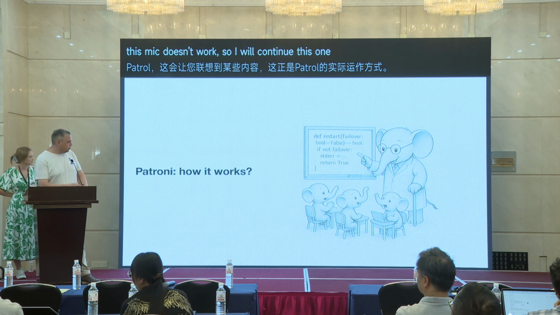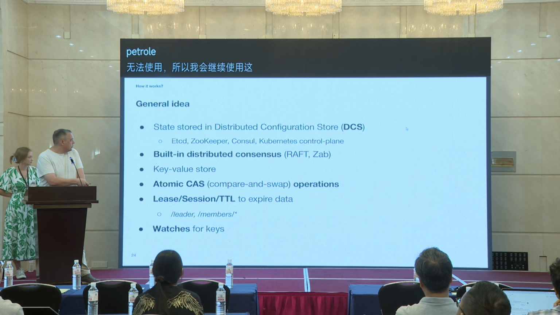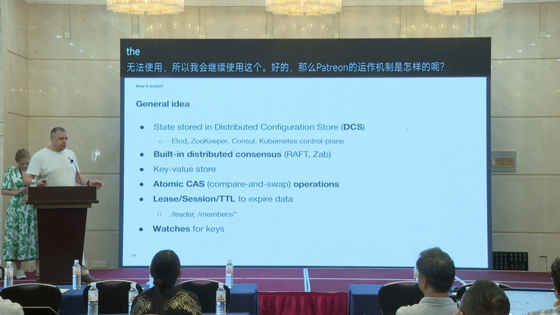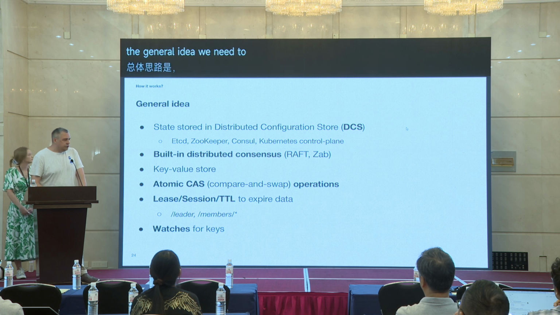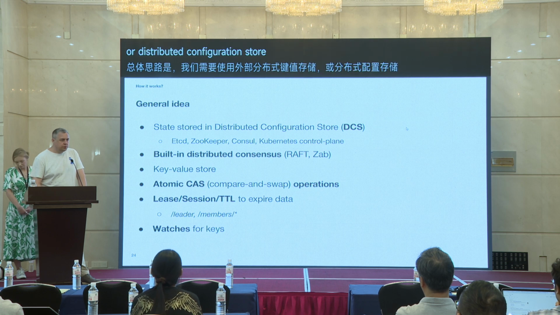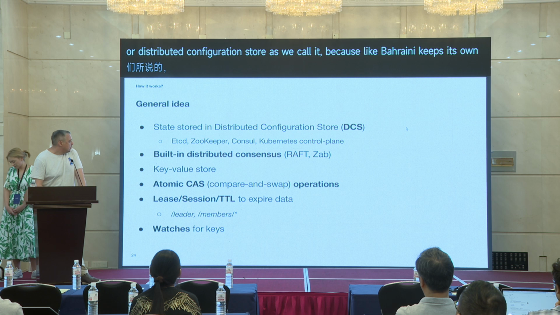All right, so how does Patroni actually work? The general idea is that we need to use some external distributed key-value store, or distributed configuration store, as we call it, because Patroni keeps its own configuration and metadata inside it.